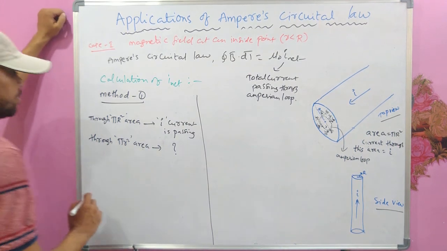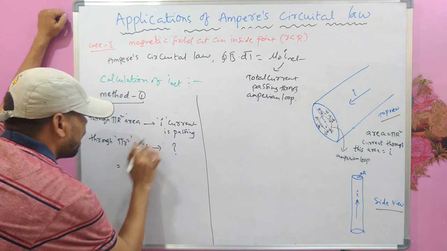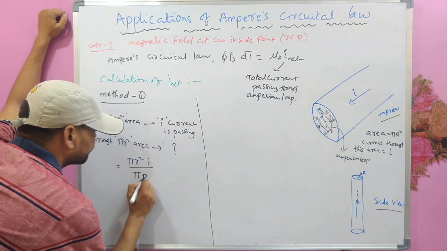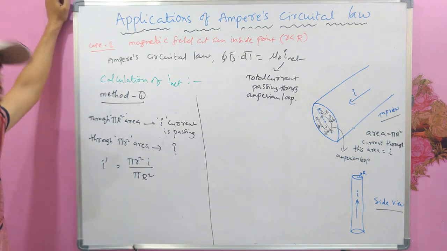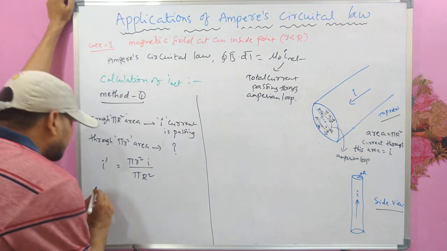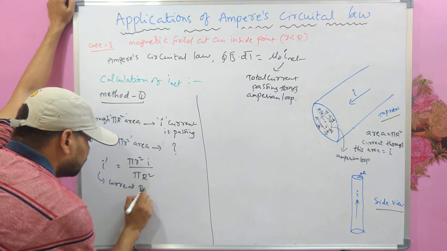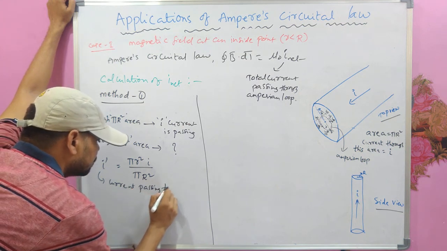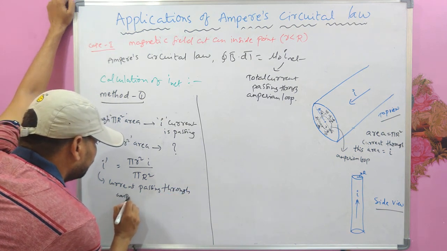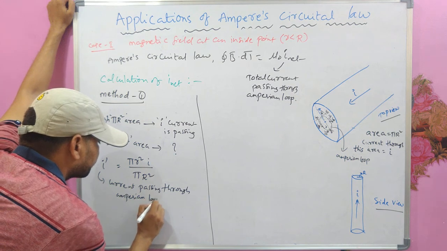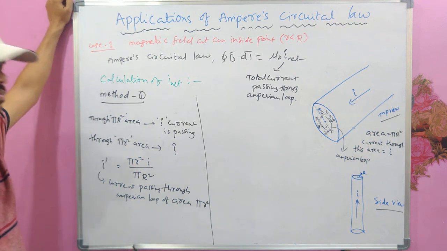That should be I by pi R square times pi r square, and that I am taking as I prime. So what is I prime? I prime is the current passing through the Amperian loop of area pi r square.